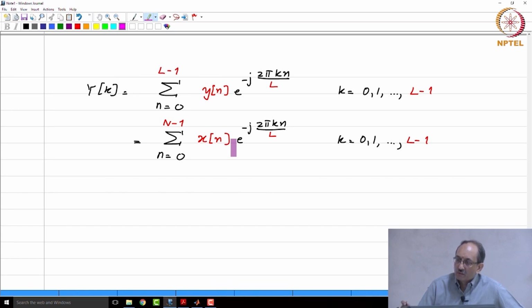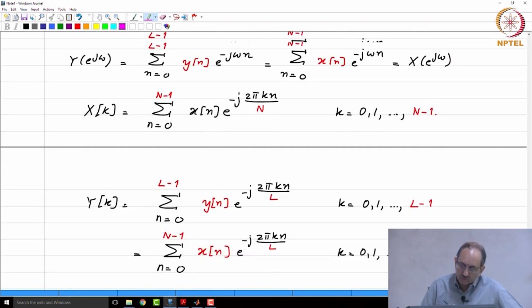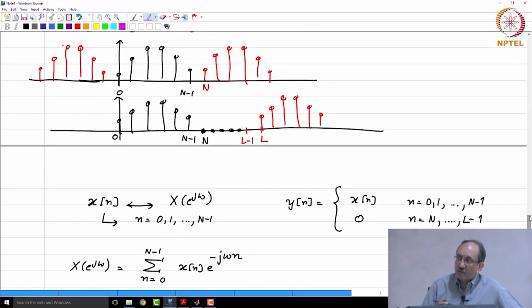So either you can take this viewpoint by starting off with a given sequence and 0 padding and then realizing that you have sampled the DTFT at a finer set of points. The other way of looking at it is what we saw earlier. You take the DTFT, sample it, and then realize sampling it at a finer set of points means the repetitions occur later in the time domain, which is equivalent to 0 padding. So these are two sides of the same coin.